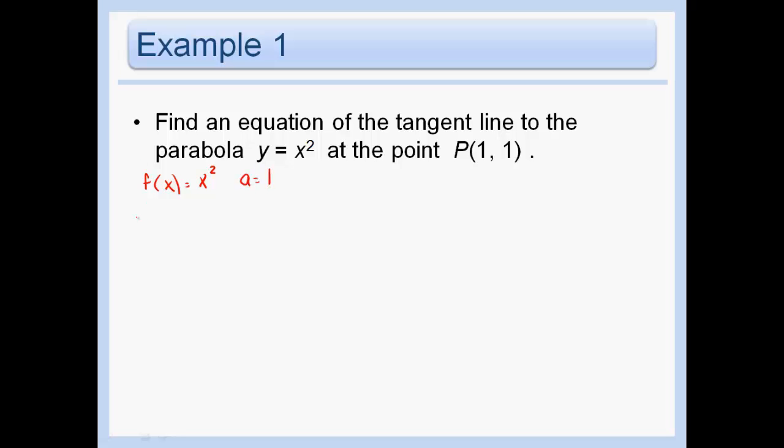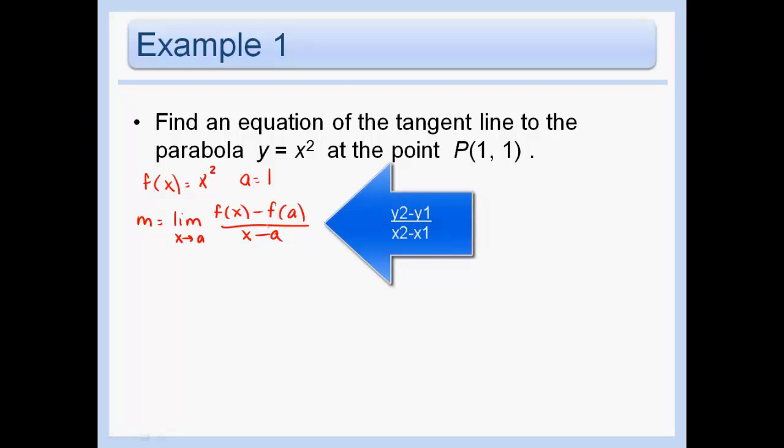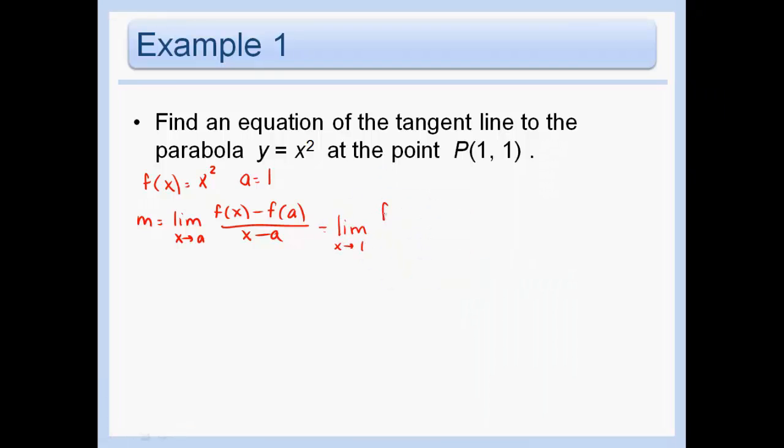Okay, and on the previous slide we said that we're going to use the limit as x approaches A of f of x minus f of A over x minus A, just y2 minus y1 over x2 minus x1. So we're finding the limit as x approaches 1 of f of x minus f of 1, right? Our A is 1, over x minus 1.